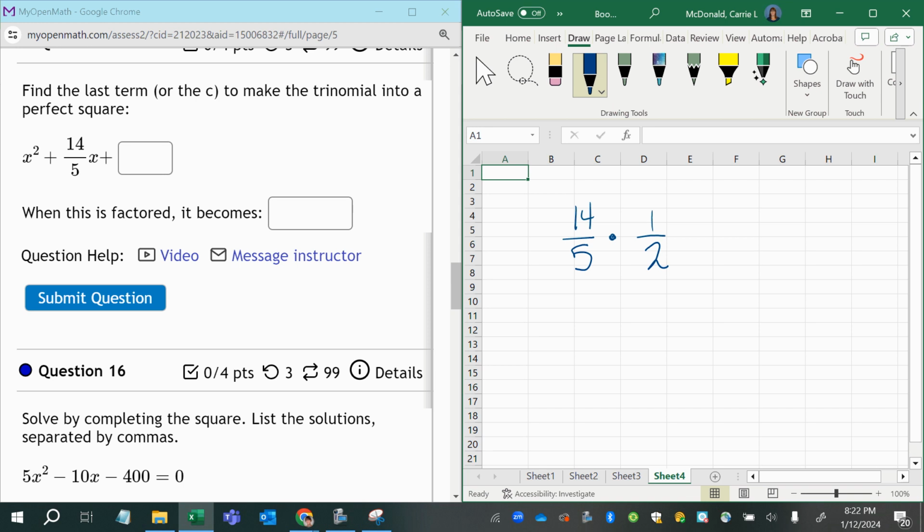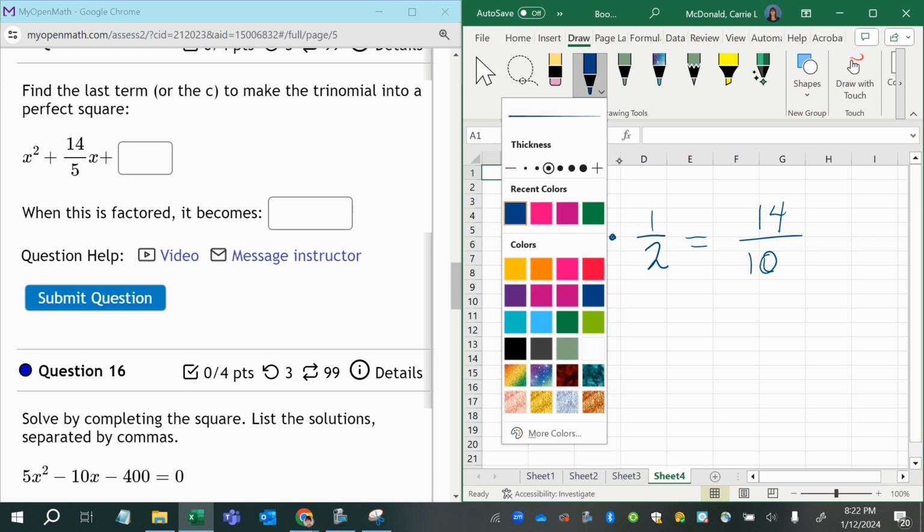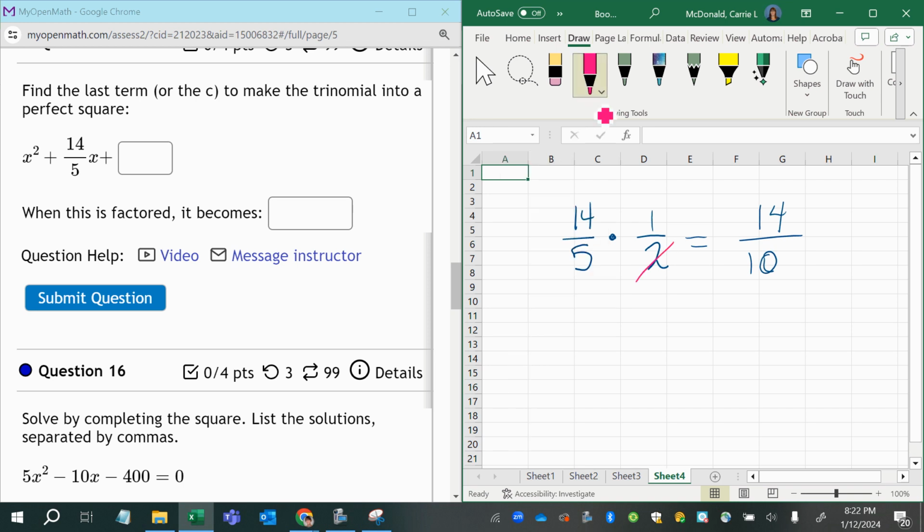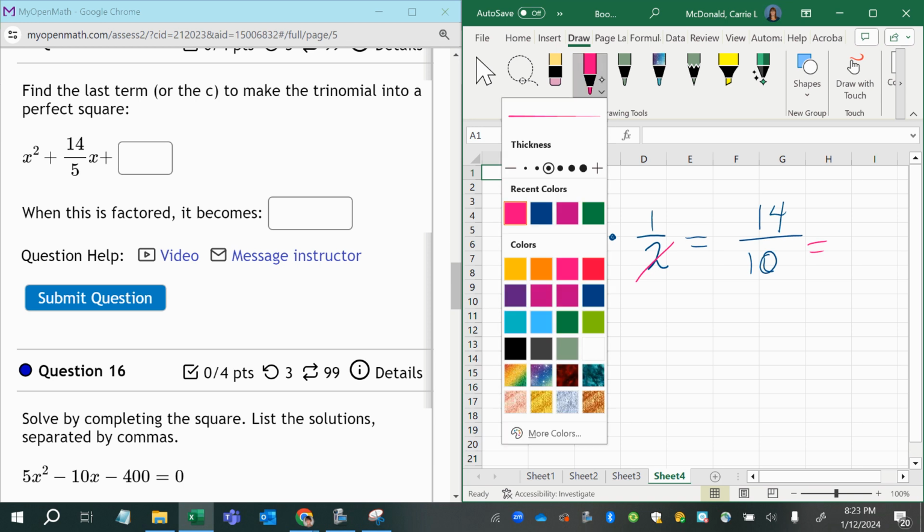So instead of dividing 14/5 by 2, we can just do 14/5 times 1/2 and multiply straight across. So we get 14/10, which reduces. You might have noticed that it was going to reduce because 2 goes into 14 7 times. So then I would have had 7/5.